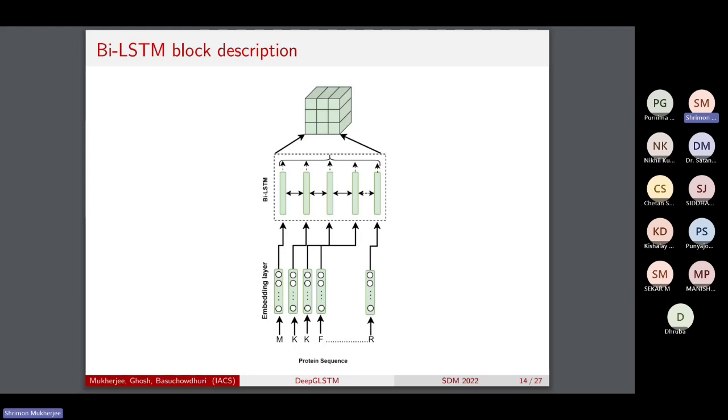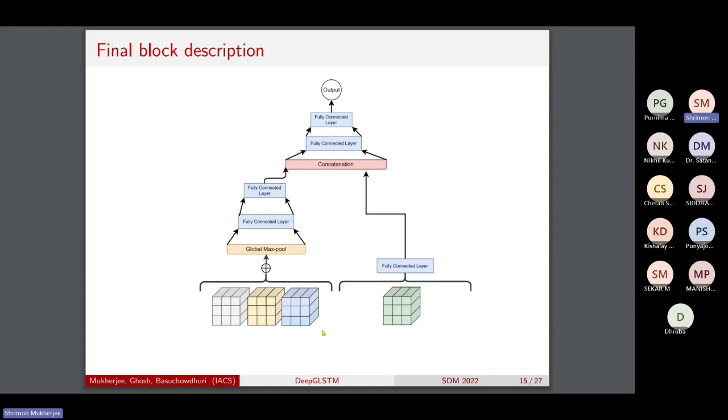So for this reason, here we take the protein sequence through an LSTM block to capture the protein information from the protein sequence. So after getting these two representations, that is the representation from the graph convolutional network blocks and the protein representation from the LSTM block, we concatenate these things and apply global max pooling, and apply some linear transformation on that.